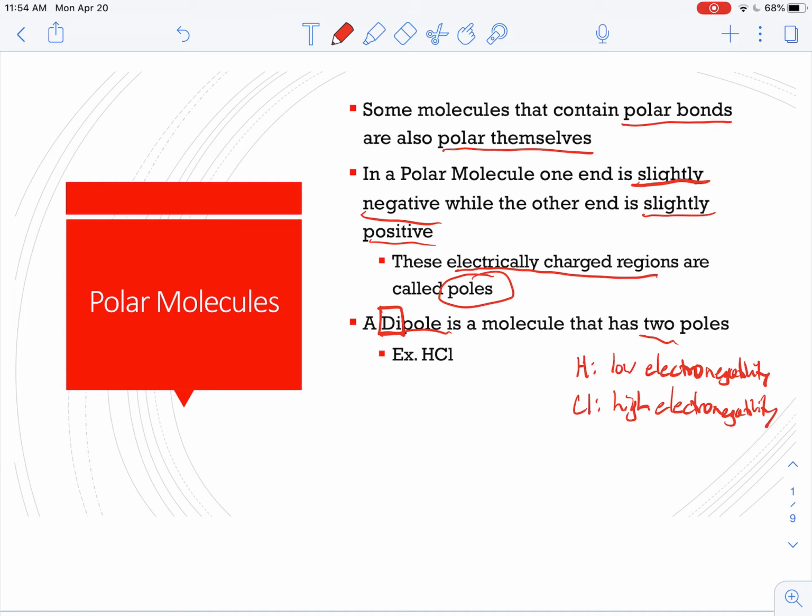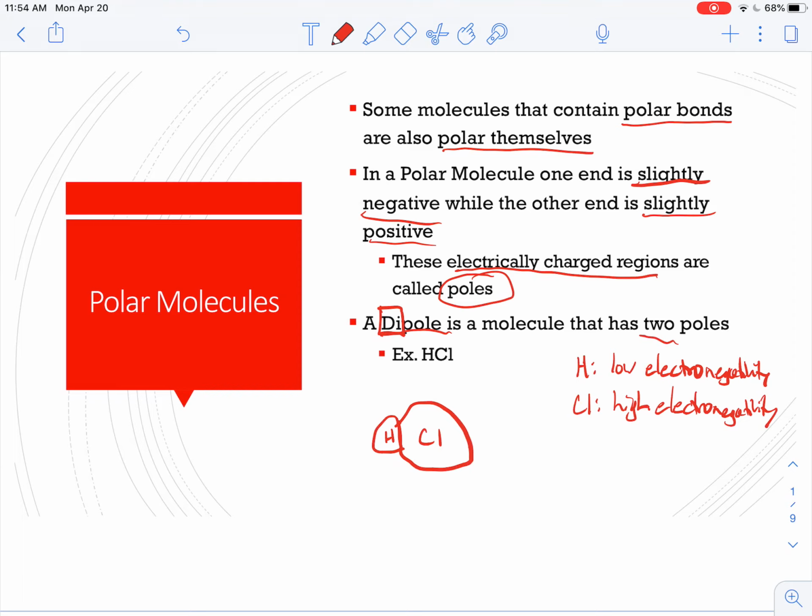If you look at our hydrogen atom within this compound, our chlorine is going to be much larger than our hydrogen. Hydrogen is made up of just one proton and one electron.